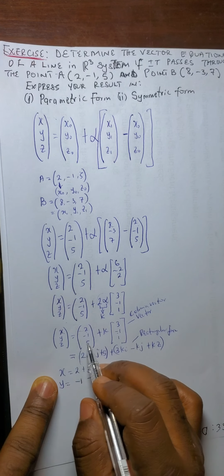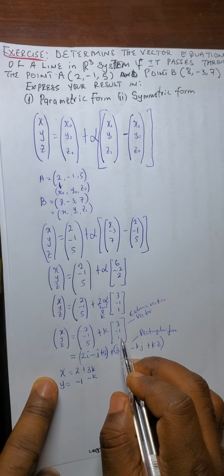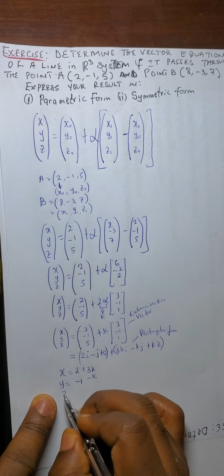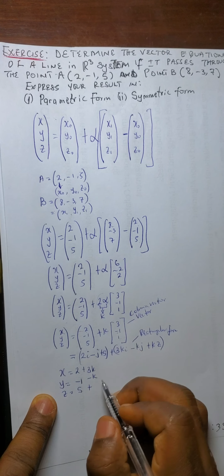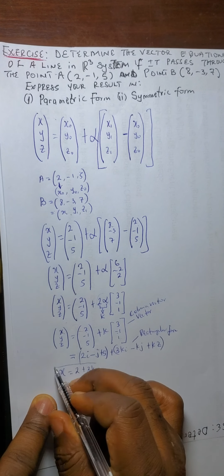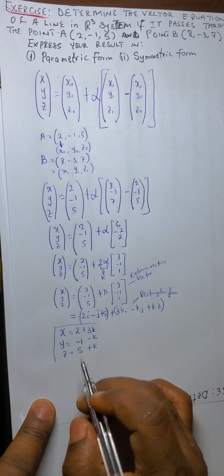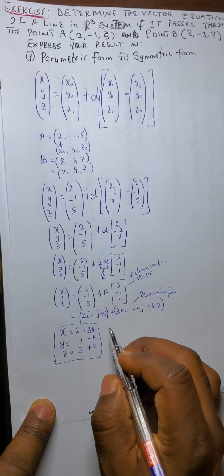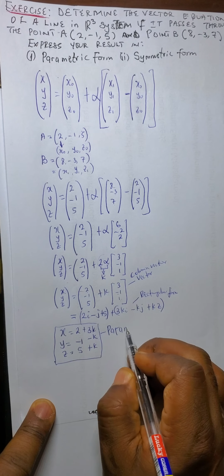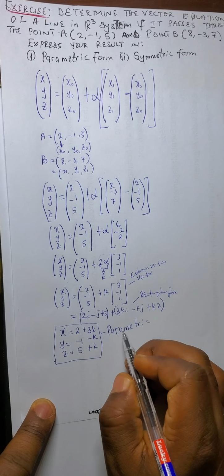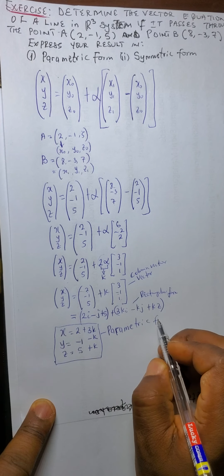Then z corresponds to the component down: z is equal to 5 plus k times 1, that is k. So this expression that I have down here is called the parametric form.